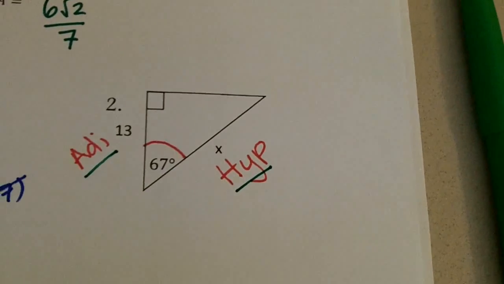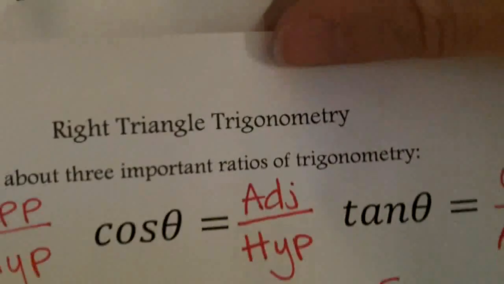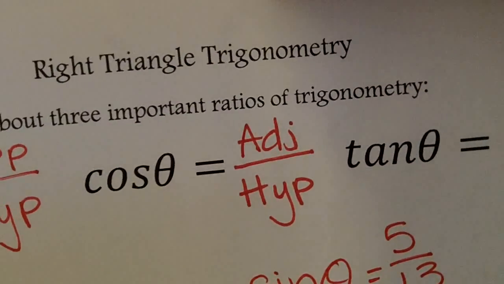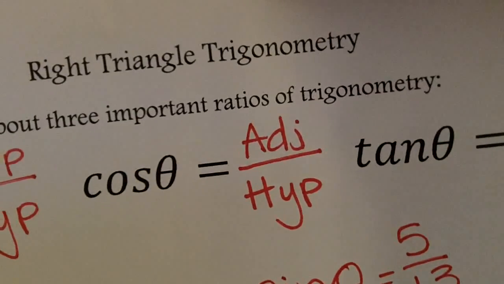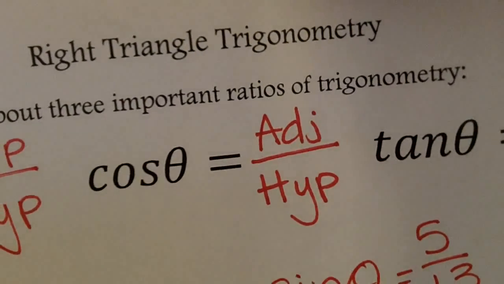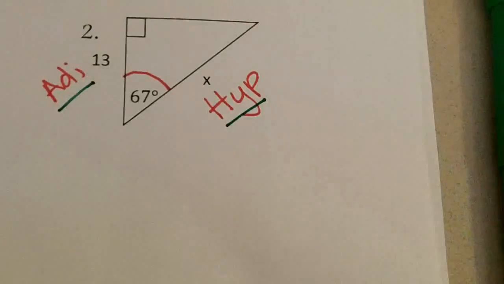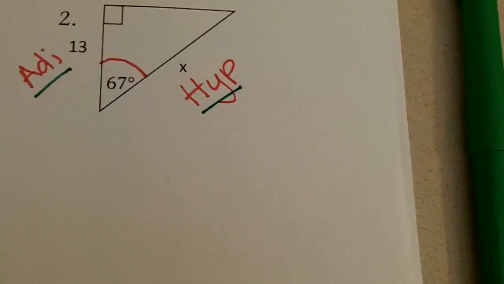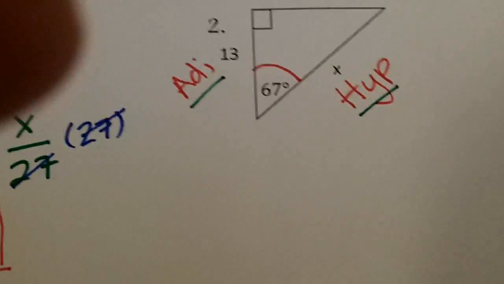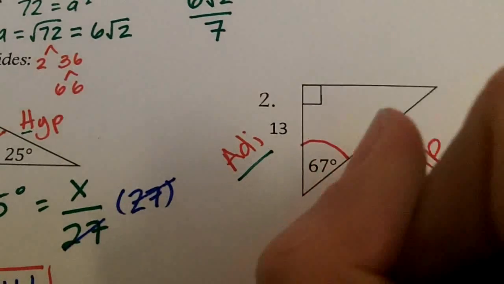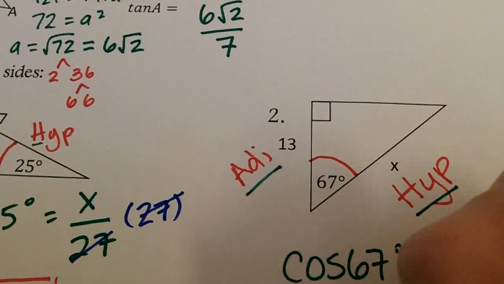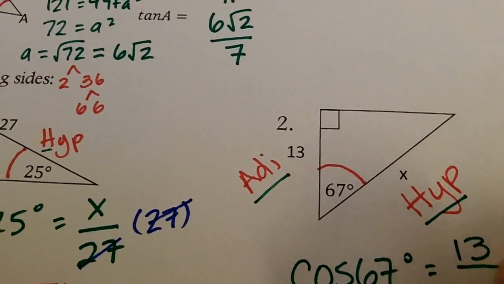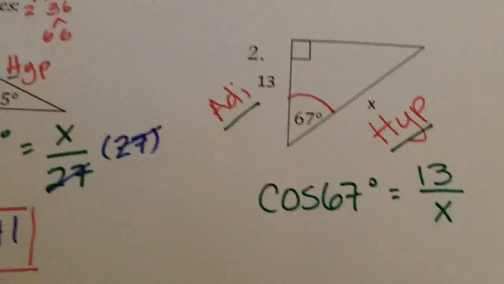If you look at your notes from before, you'll see that cosine uses the adjacent and the hypotenuse. So we're going to write an equation using cosine. So the cosine of 67 degrees equals 13 over x.